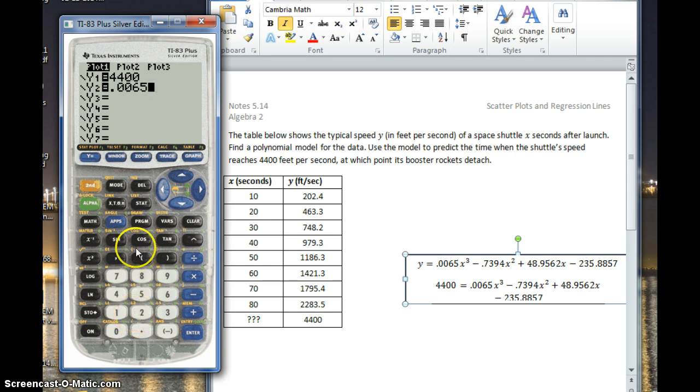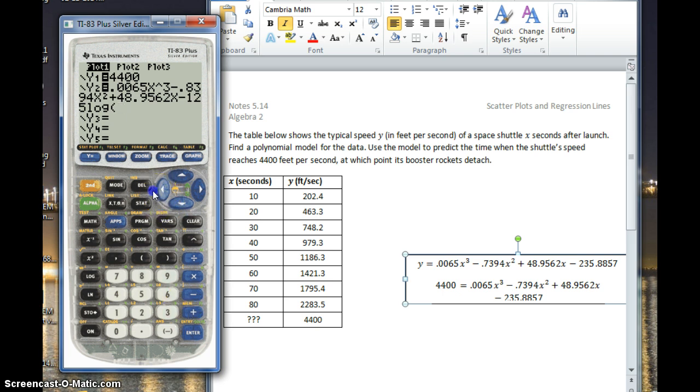0.0065 x cubed minus 0.7394 x squared plus 48.9562 x minus 235, whoops, that didn't work well, did it?